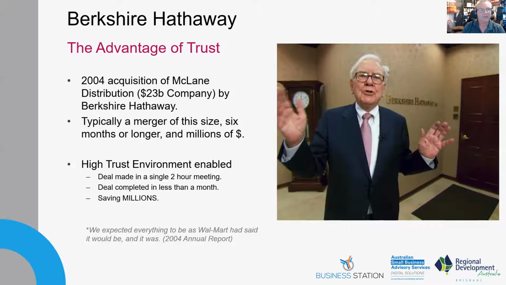Part of the commentary was, we expected everything to be as Walmart had said it would be, and it was. So they operated with high expectations of trust, and that trust was not eroded. It's an incredible case study for any size business thinking about the concept of trust.